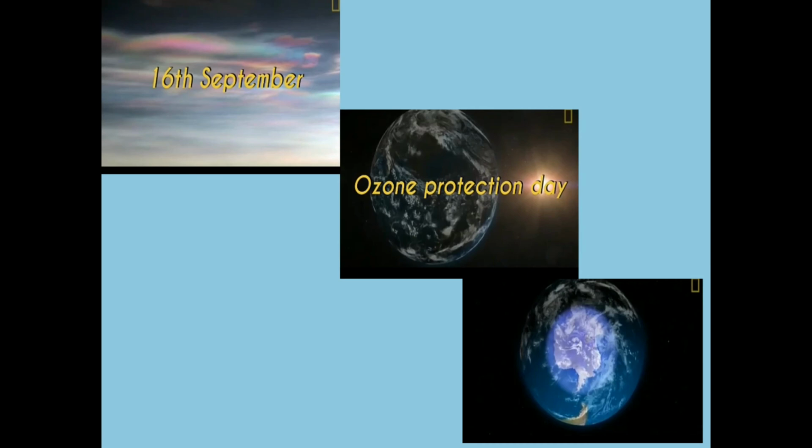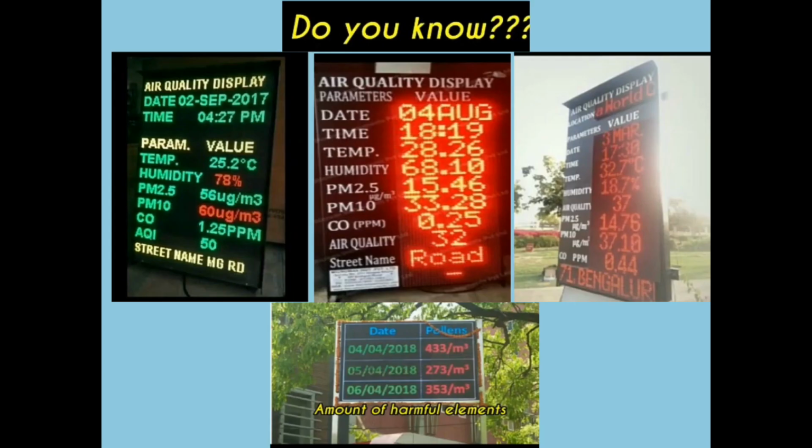So according to Save the Ozone Layer, 16 September is celebrated as Ozone Protection Day all over the world. Its motto is to create awareness about the ozone layer among the people.